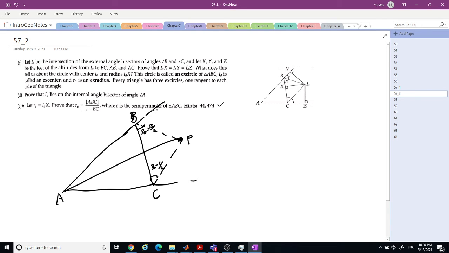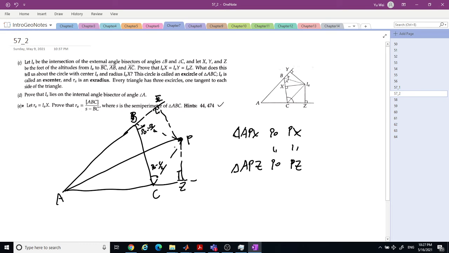So remember, we already proved the Z and the X are equal. So we know the triangle APX and the triangle APZ, right? We have the 90 degree equals 90 degree, and we know the PX equals the PZ, right?